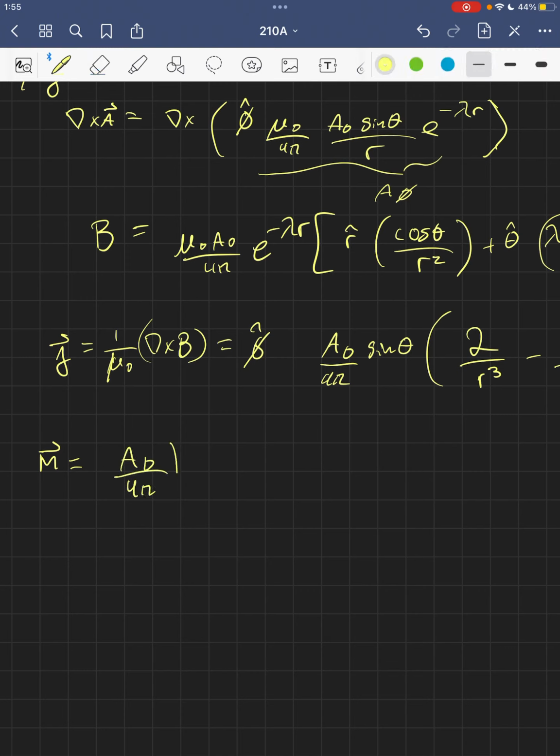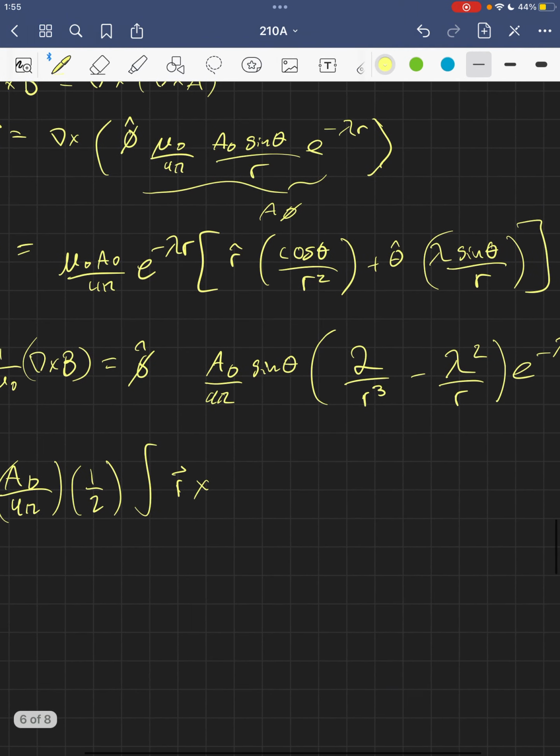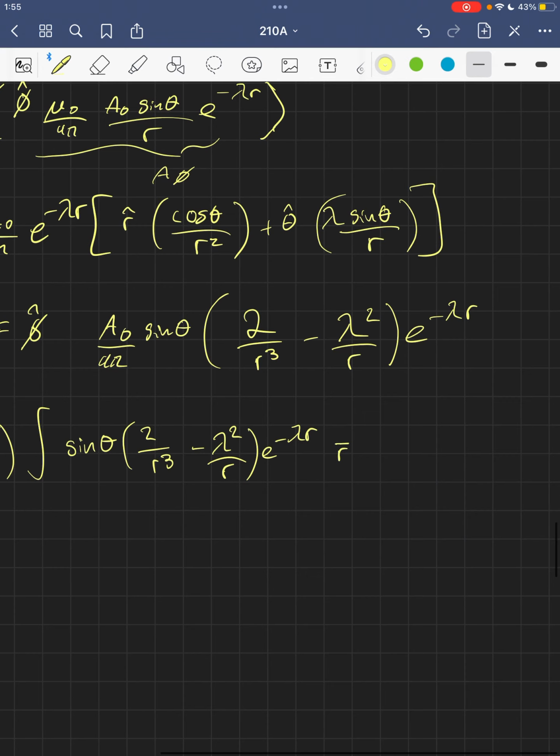A naught over 4 pi, right, times 1/2, times the integral of r cross, let me write it out this way: sine theta, 2 over r cubed minus lambda squared over r, e to the negative lambda r, r cross phi hat. Right, so this is just r hat cross phi hat.